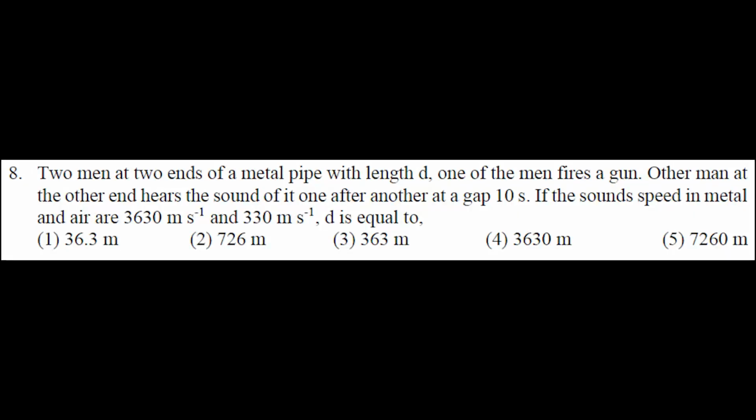Right, 8. Two men at two ends of a metal pipe with length d. One of the men fires a gun. The other man at the other end hears the sound of it one after the other with a gap of 10 seconds. If the sound speeds in metal and air are 630 meters per second and 330 meters per second, d is equal to?